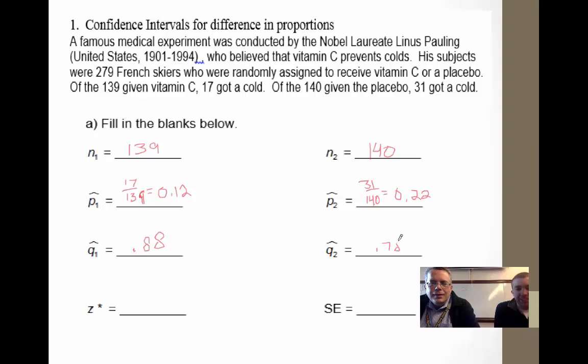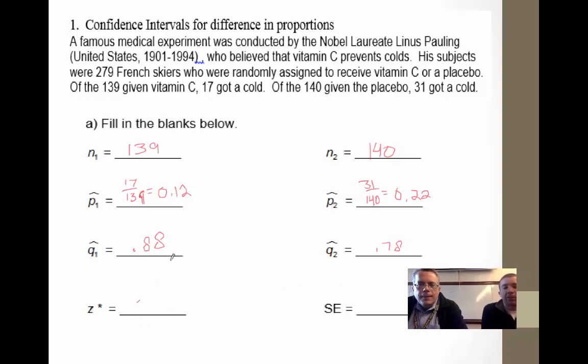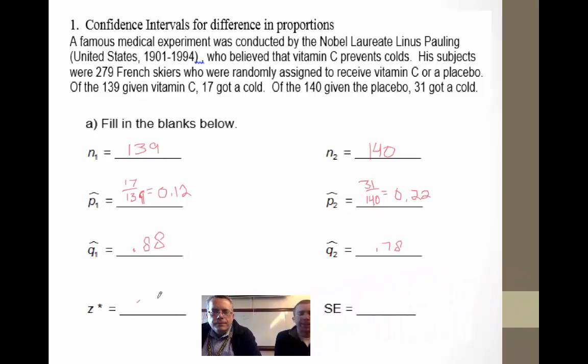So for our z-star, I think it wants 95% on the second page, if I remember right. So that would be 1.96. Okay, can you start writing out all that stuff? I'll start typing it in. So we got 0.12 times 0.88 over 139, plus 0.22 times 0.78 all over 140.